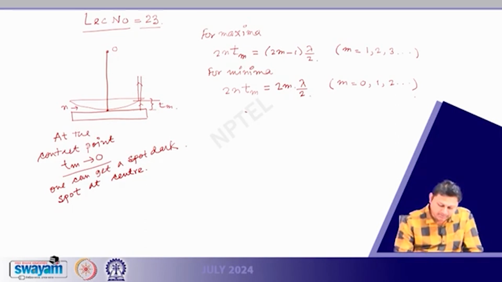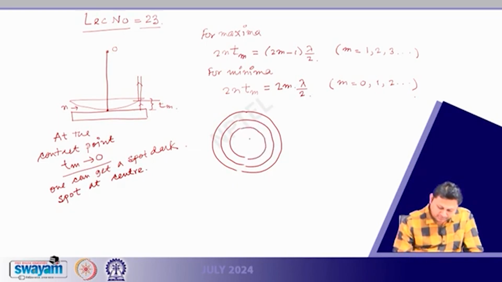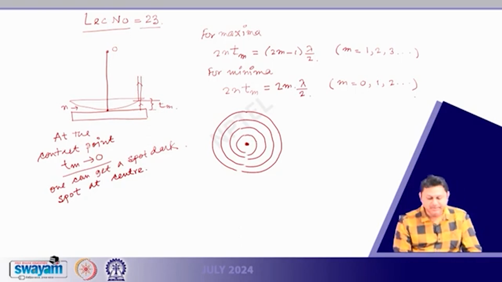If I draw the Newton's ring structure, which is concentric circles, this is the fringe pattern that one can see in this experiment, but the central spot will always be dark in this setup because of this condition.